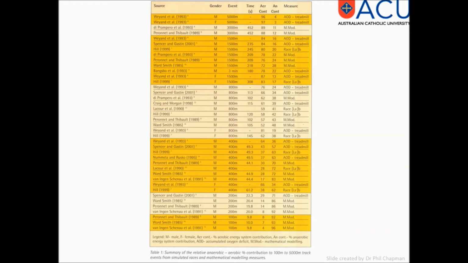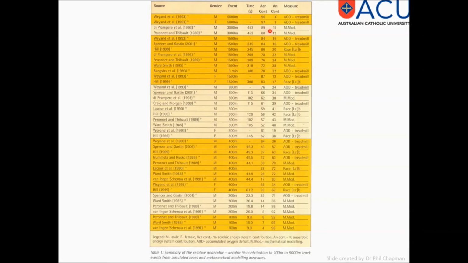And they've calculated the aerobic contribution here, and this column here is the anaerobic contribution. So if we start at the top here, the 5,000 meters, almost 100%, 96, 97% aerobic, which makes sense because that event lasts for about 12, 13 minutes for the best runners in the world.